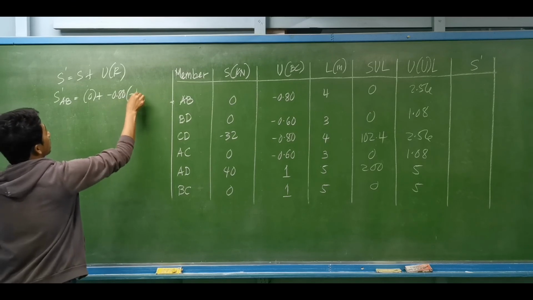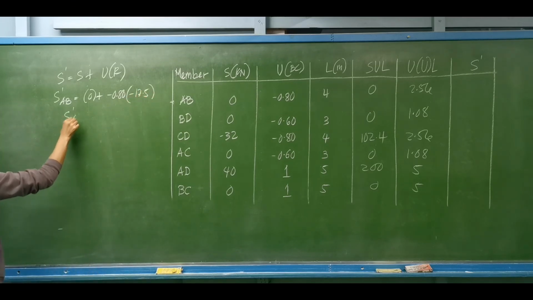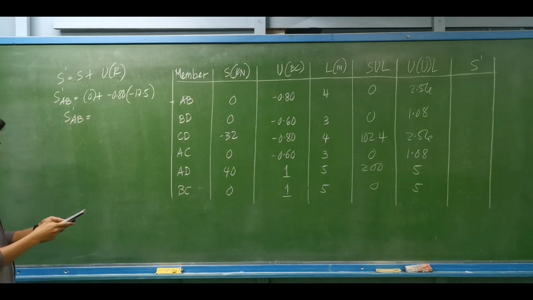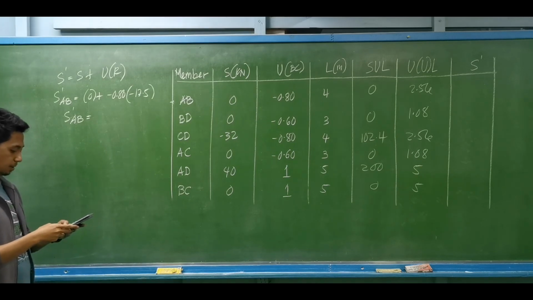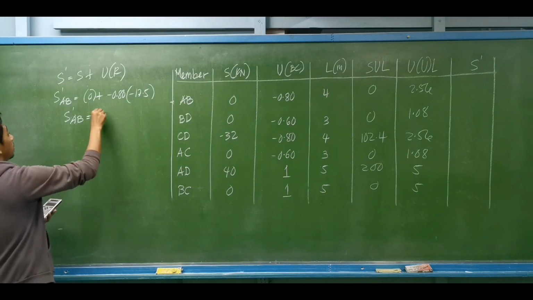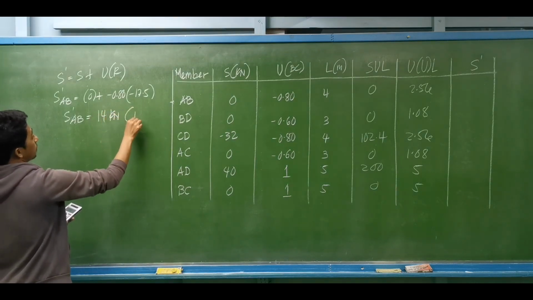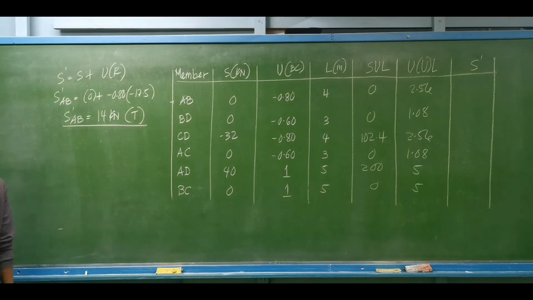What is our redundant? Negative 17.5. So the actual bar force for member AB is negative 0.8 multiplied by negative 17.5. That makes it positive 14, which is 14 kilonewtons. If it is positive, it only means that it is under tension. That is for member AB.